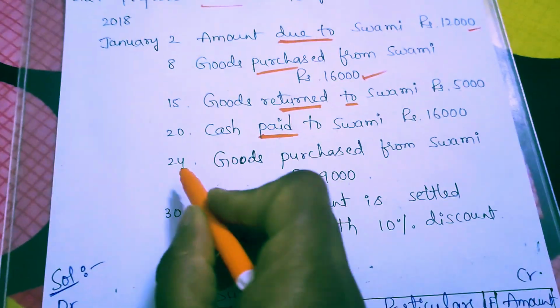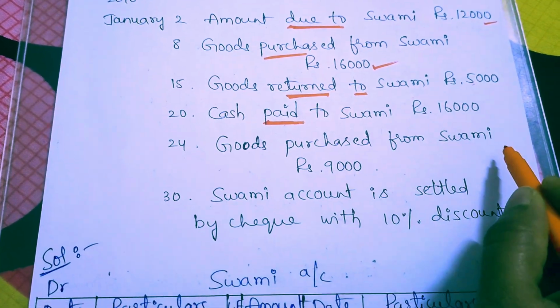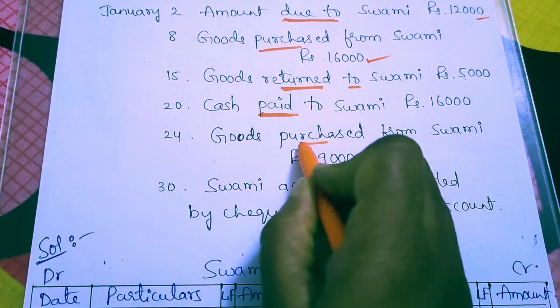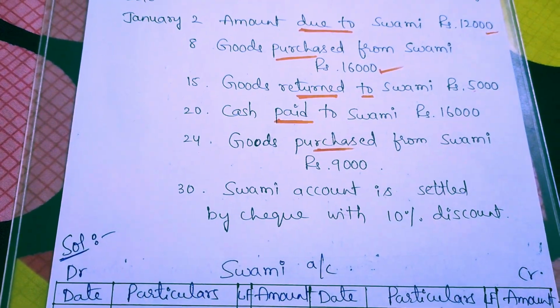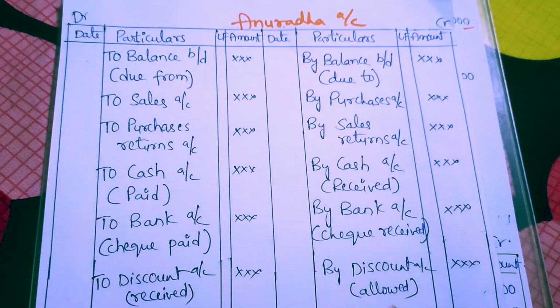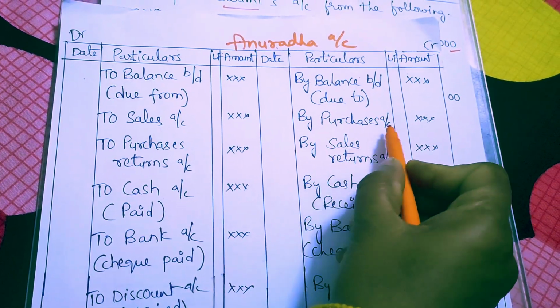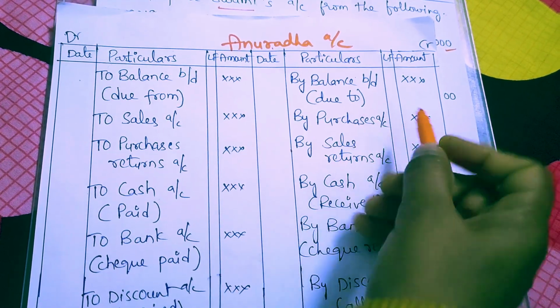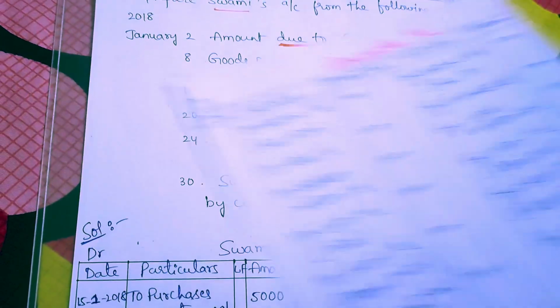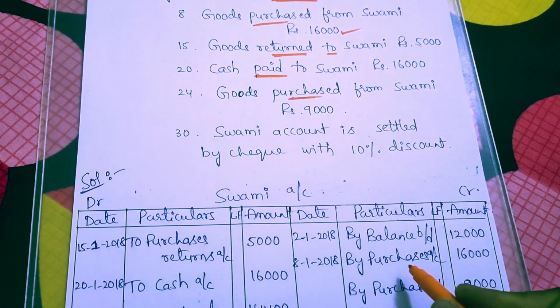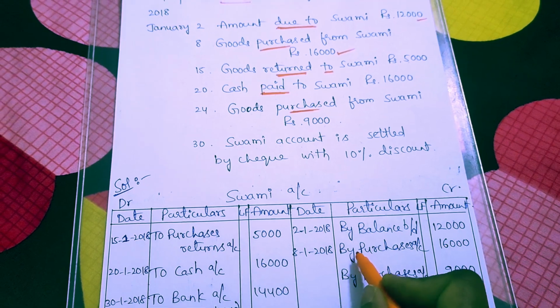Next one. 24th date. Goods purchased from Swami 9,000. Purchased. So purchase is where we write. Credit side. So now also in our problem we are going to record on credit side. Date.